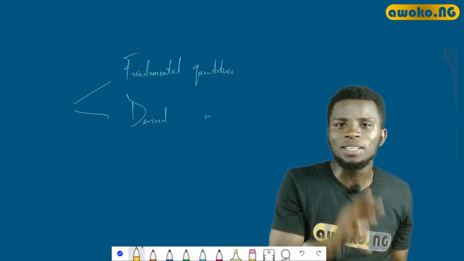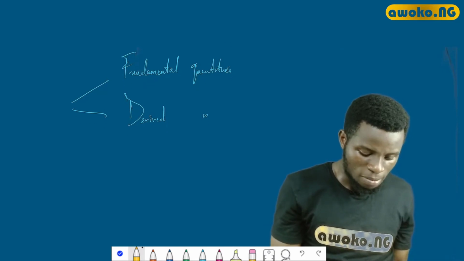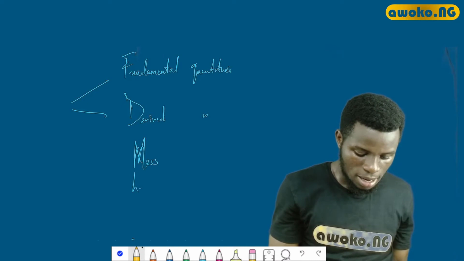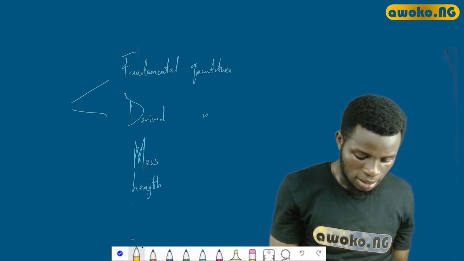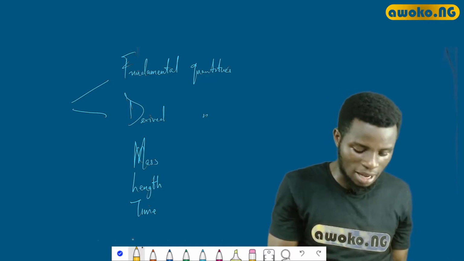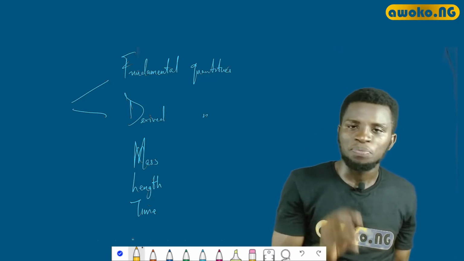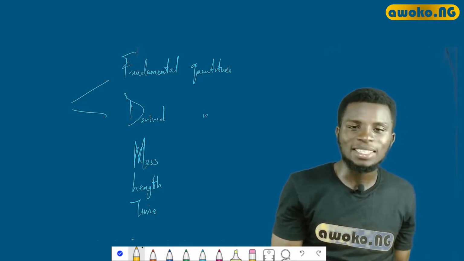The 3 basic fundamental quantities that we have are mass, length, and time.